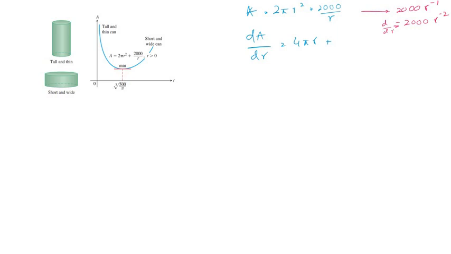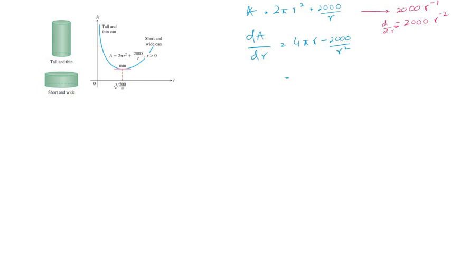So it's not plus, it is minus, and we have minus 2000 over r squared.